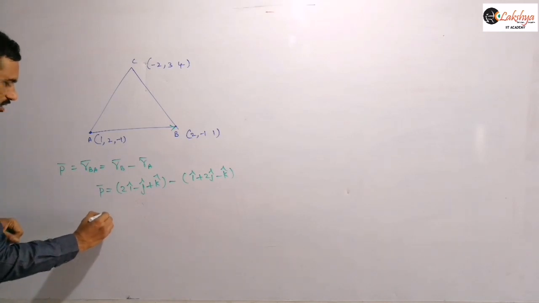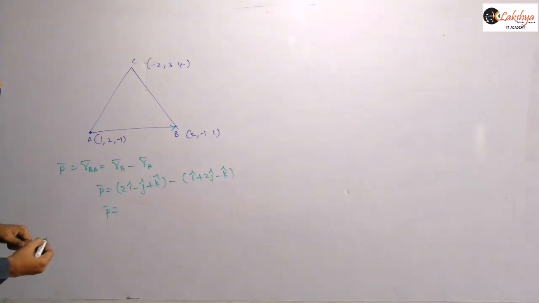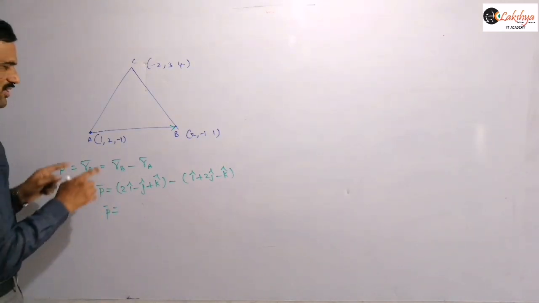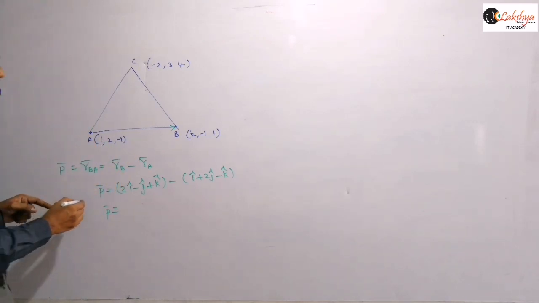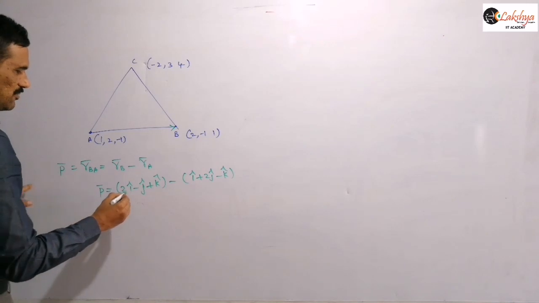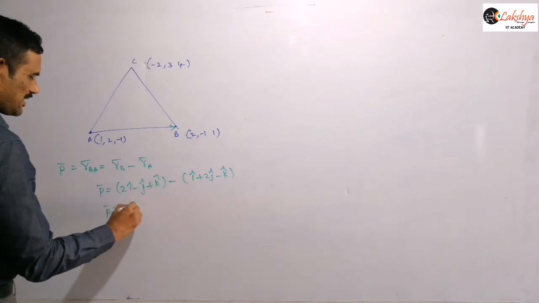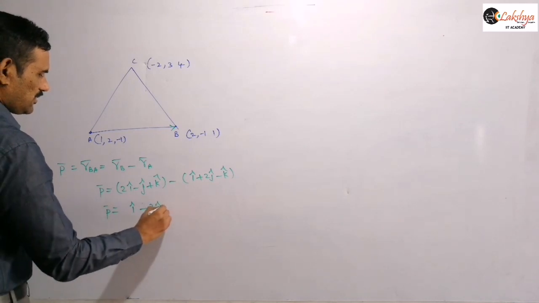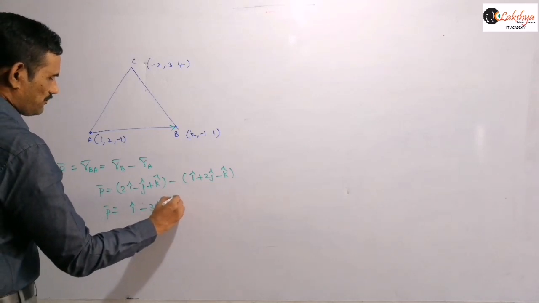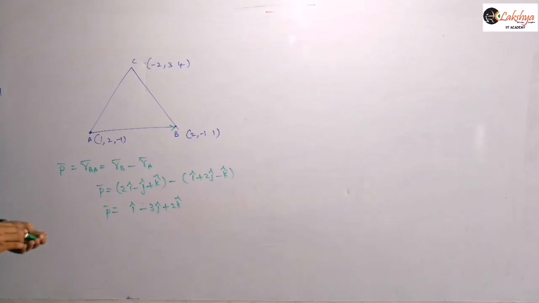Right, and therefore P bar, which is what we are finding, is AB bar, one side. So you can write this as i cap minus 3 j cap plus 2 k cap. So that is one side here.